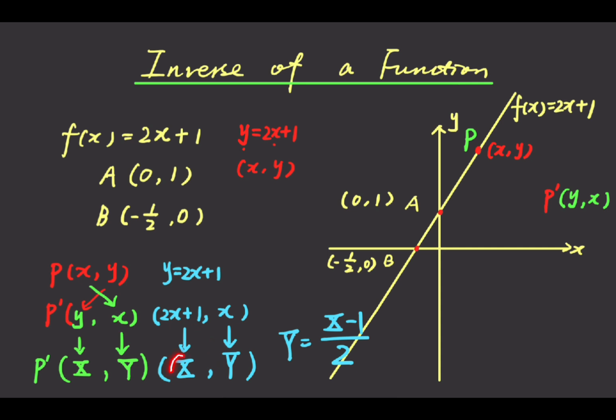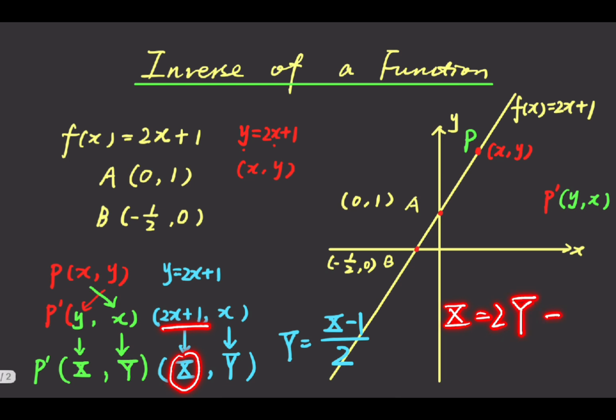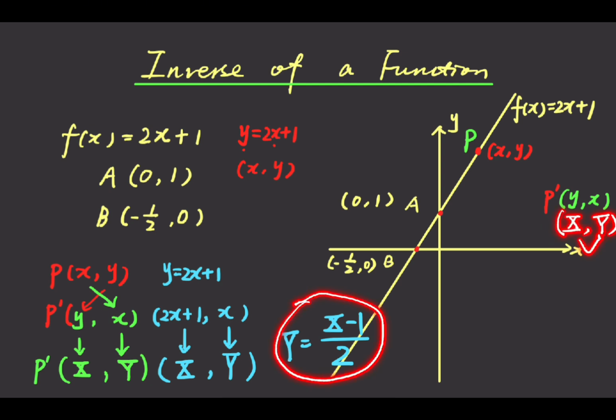Then we figure out x equals this. Then we can figure out this relationship between the x coordinate and y coordinate. You say this is a specific number, this is a specific number, but in fact, here it should be x coordinate, it should be y coordinate. The relationship between these two coordinates can be described by this equation, right?